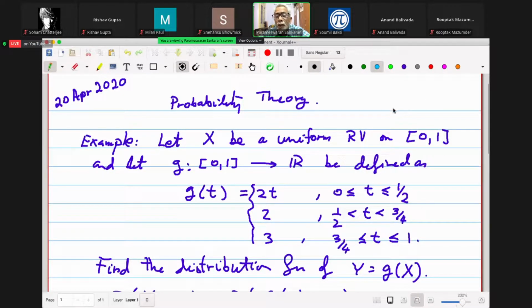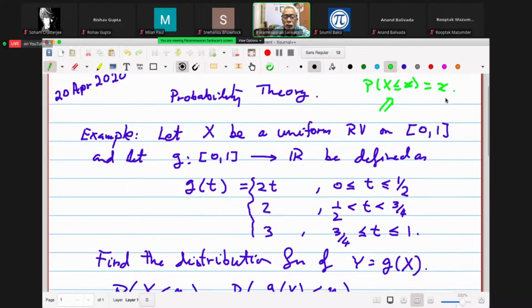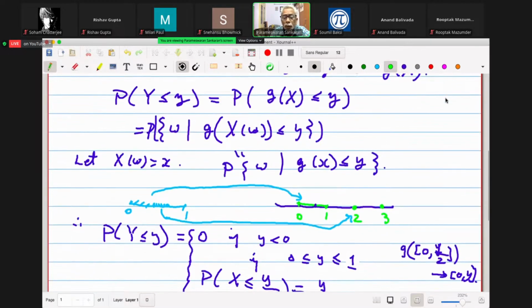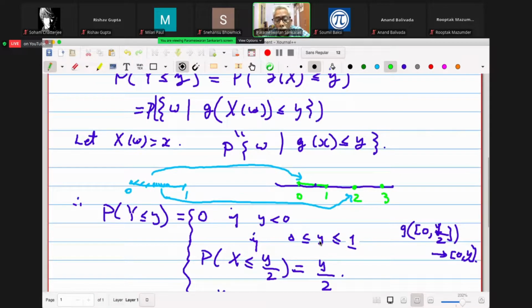So this implies that the probability x less than or equal to x, when x is in this interval, is actually equal to x, correct? Now, if I take y to be between 0 and 1, then y by 2 is between 0 and half. Whatever it is, if you agree that this is y by 2, it has to be y by 2, not y by 4. Okay, sir.